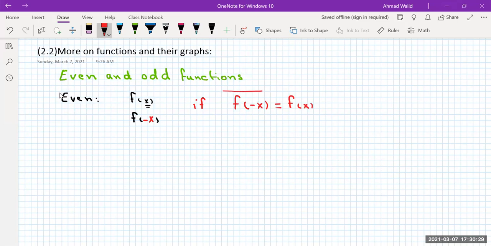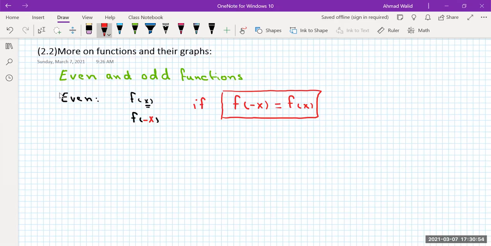In this case, your function is even. This is the condition that you have to remember. If f of negative x becomes equal to f of x, in this case, your function is what? Even. Correct?